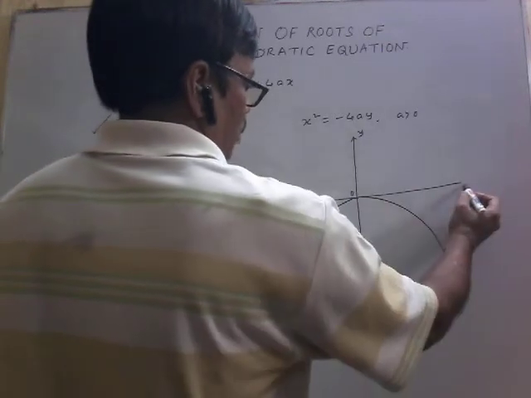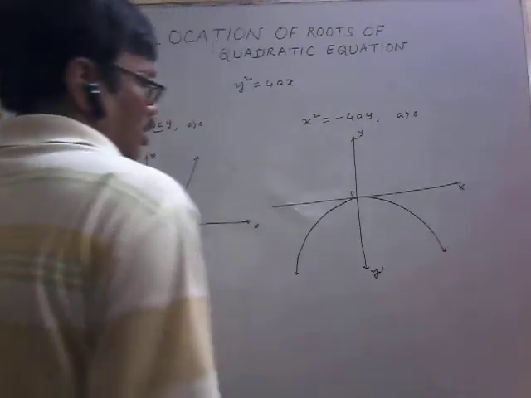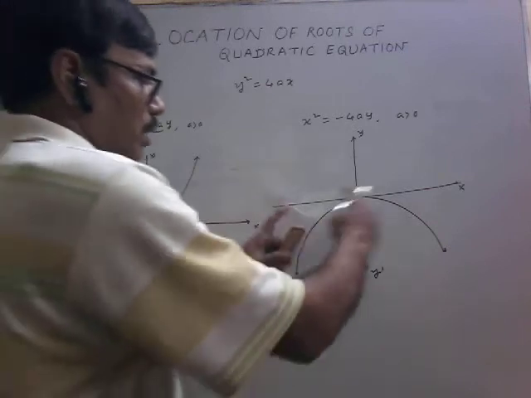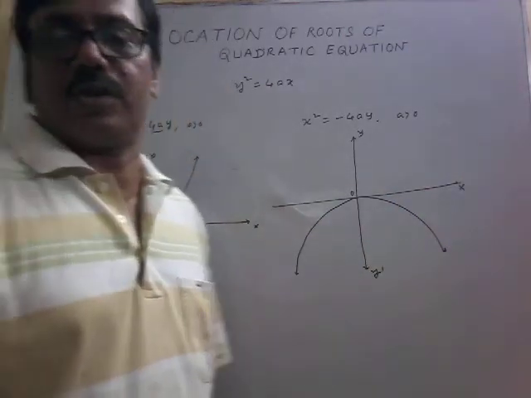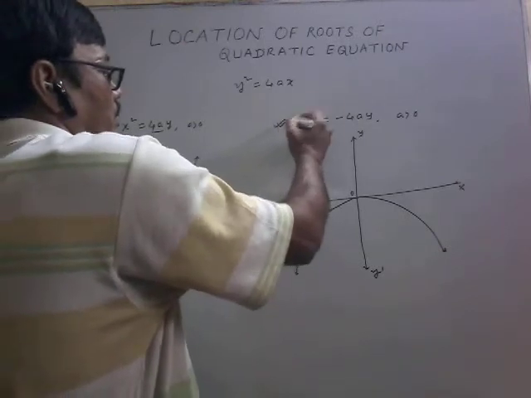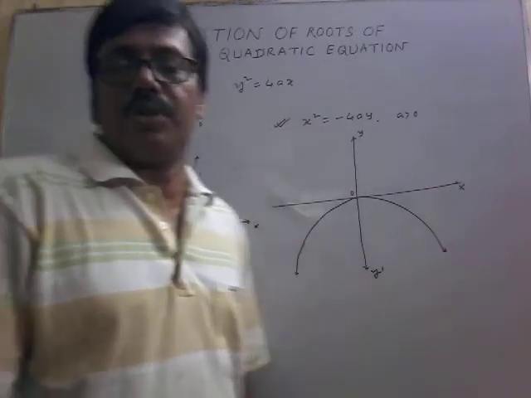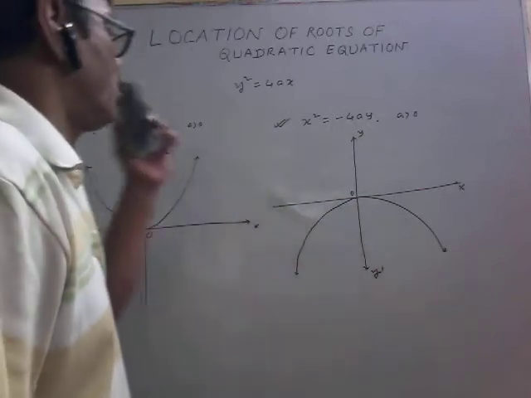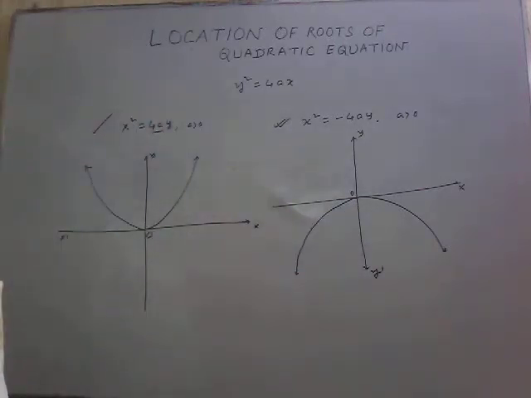This is O, this is x. So look, this parabola opens downwards. So we need idea of graph of these two types of parabola.